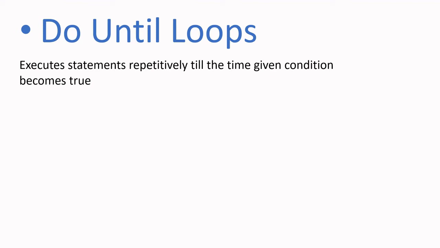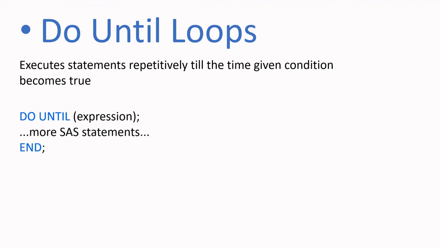For now, let's have a look at its syntax structure. Its syntax structure is the same as the do while loop. It starts with do until, then provide the expression, then the statement, and end. Before we proceed further, there are a few highlight points about do until which we need to focus upon.